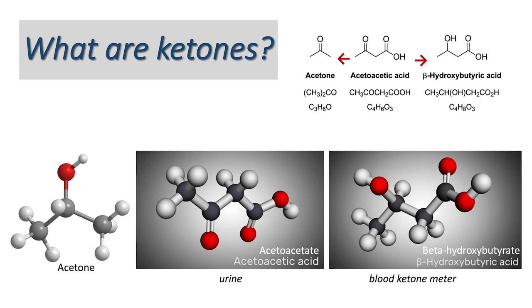And lastly, acetone. This is spontaneously formed after acetoacetate is produced, and in the body it doesn't have any use, and it can be measured by an acetone breath meter. And again, it serves as a proxy measure for BHB level.